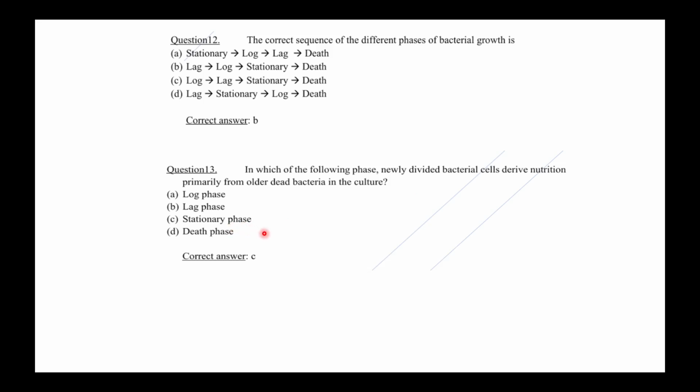It will be the stationary phase. In the lag phase, the first initial phase, the cells are metabolically active but haven't divided yet. Slowly the cells start dividing, that is the exponential phase. Now in the stationary phase, the number of dead cells and dividing cells are equal, right? That's why we don't see population growth in the microbial culture.